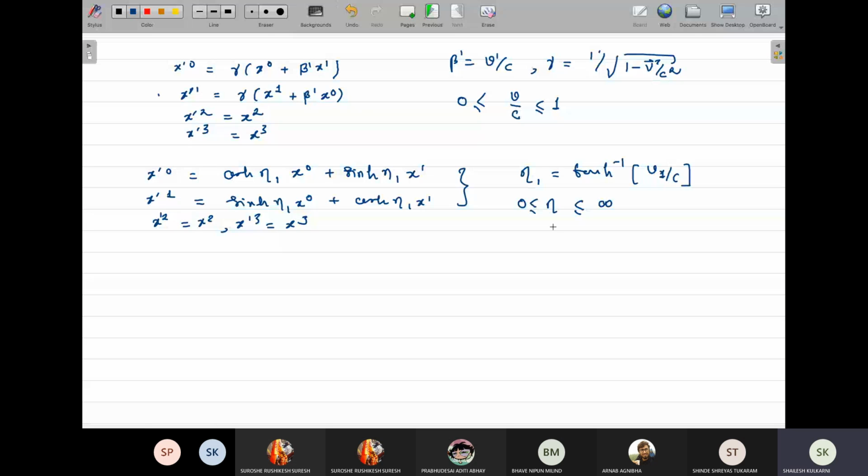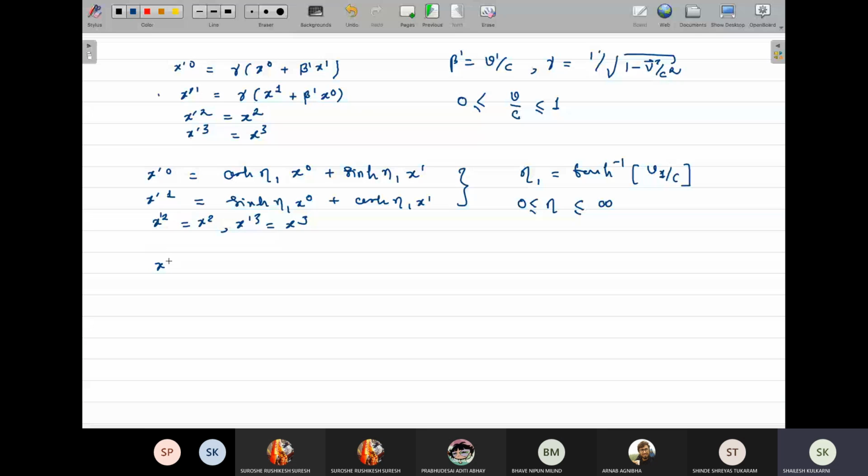Since v by c is restricted from 0 to 1 and this is the inverse tanh, eta is restricted from 0 to infinity. This is different from what you have already learned for rotation. Recall, if you consider the active rotation, the usual rotation about, say, the z axis, what is the rotation?